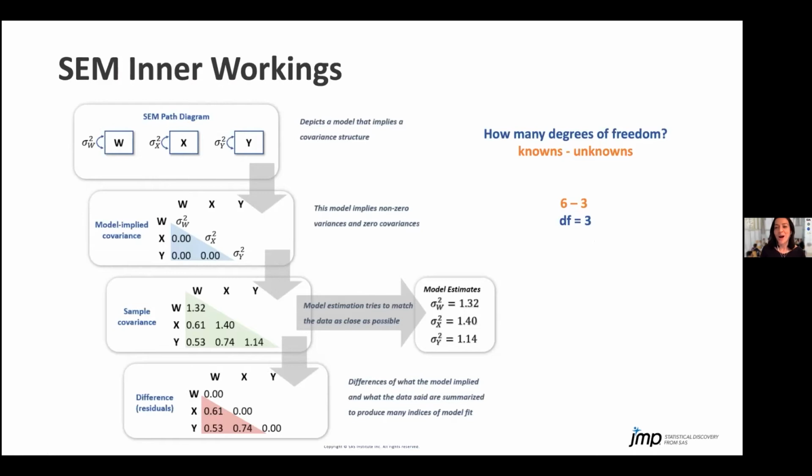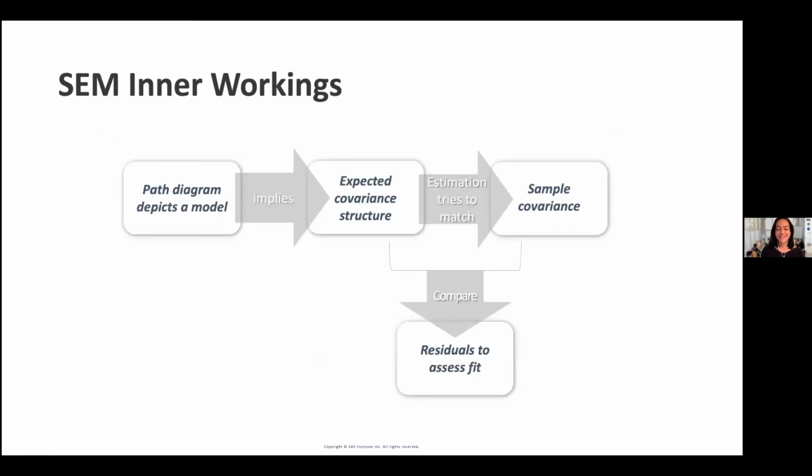Excellent. All right, so this is just another slide that is trying to clarify the process, right? We have a path diagram, it depicts a model, it implies a very specific structure of the covariance matrix. Through estimation, we try to match as close as possible the sample covariance given the constraints from the implied covariance structure. And then we compare those two to get residuals that allow us to assess the fit of the model.